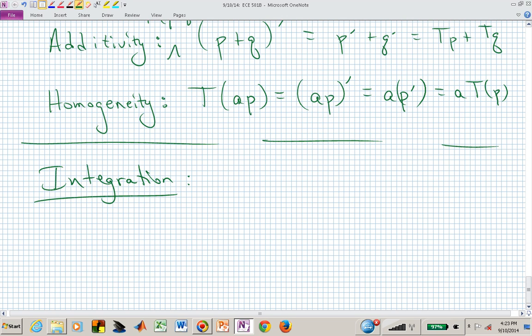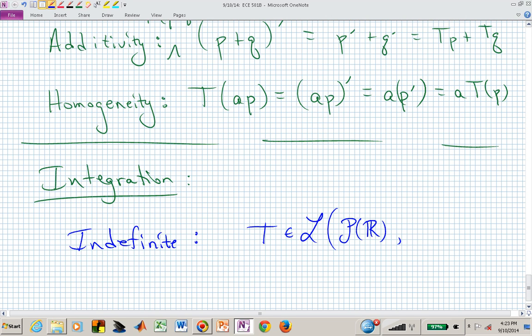Meaning, if I now wanted to do an indefinite integral, and let's say I now have the linear map T, my domain, where I pull my vectors from that T will operate on, is the set of all polynomials with real coefficients.